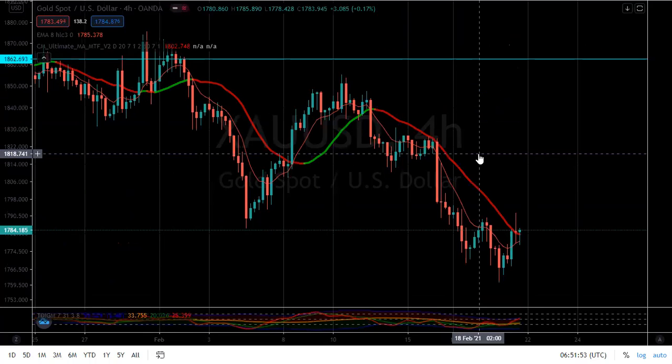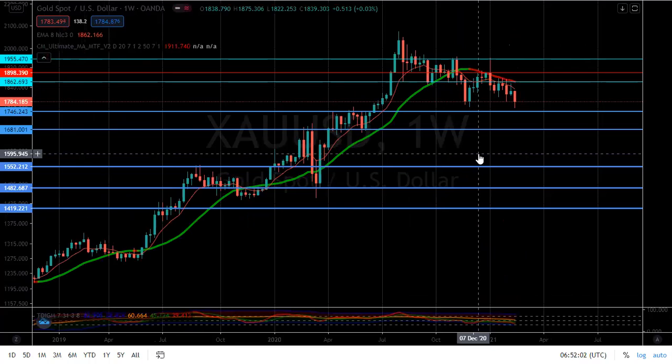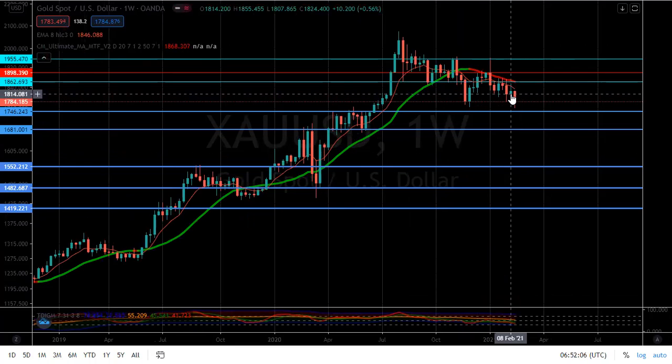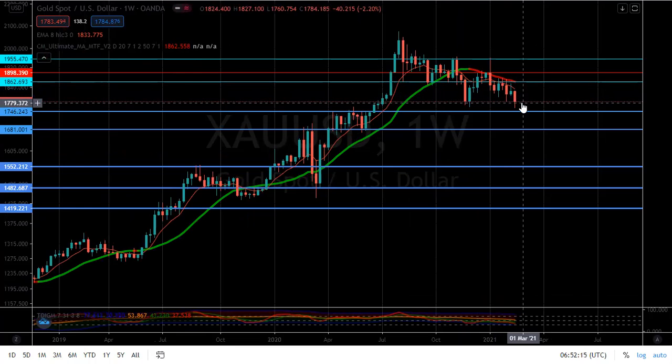And for gold, we didn't get that move to the upside like we anticipated. Let's look at the weekly quickly so that we do a top-down analysis. I was looking forward to seeing price go up to refill this week on the weekly, but we didn't get that move. We just started moving to the downside.